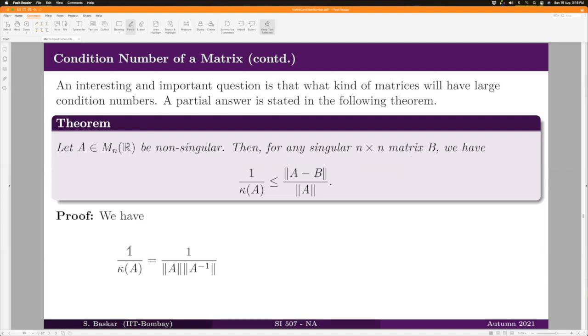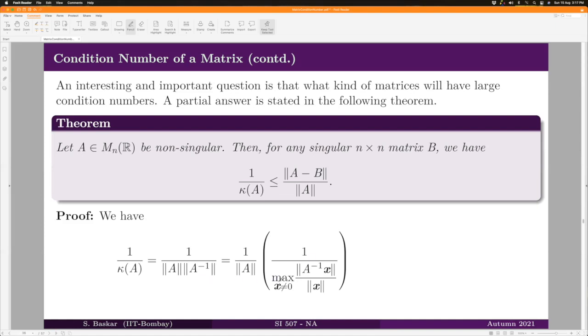By definition, 1 by kappa of A, that is the condition number of A, is given by 1 by norm A into norm A inverse. You keep 1 by norm A as it is and apply the subordinate norm's definition to norm A inverse.